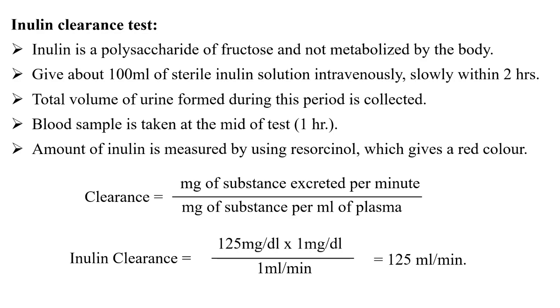These are the values: 125 mg per dl in urine and 1 milligram per deciliter in plasma, so the clearance is equal to 125 ml per minute.